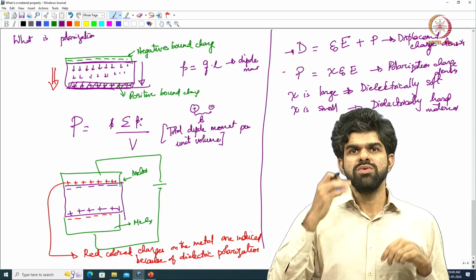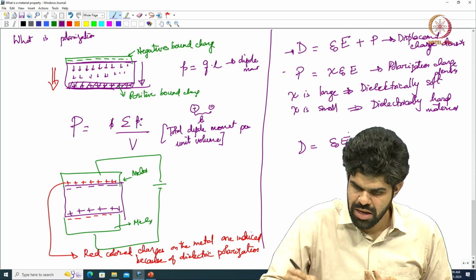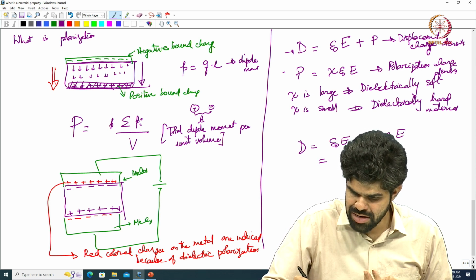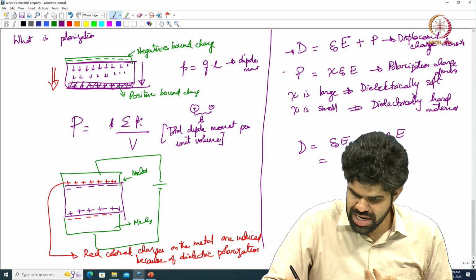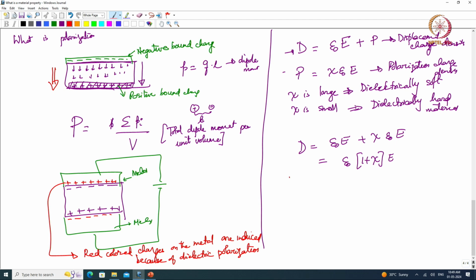Now displacement, of course, I can write as epsilon naught E plus chi epsilon naught E, and that is nothing but epsilon naught times 1 plus chi times E. Again, the assumption goes without saying that these are linear dielectrics.